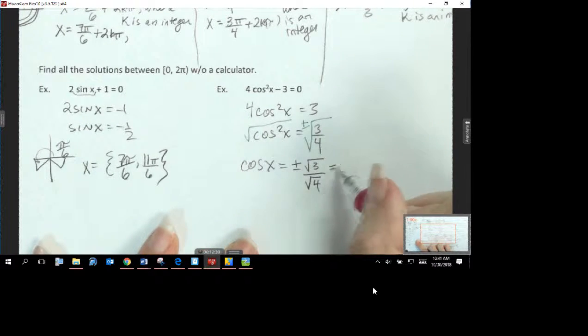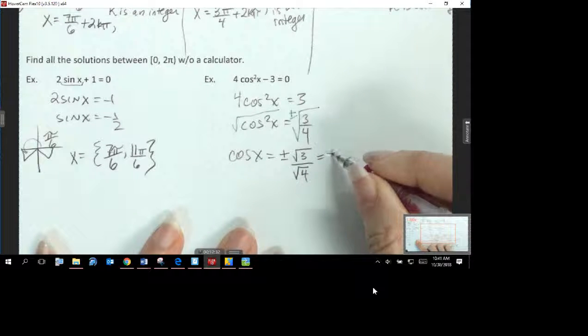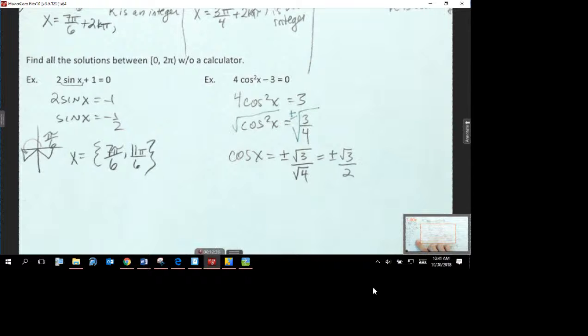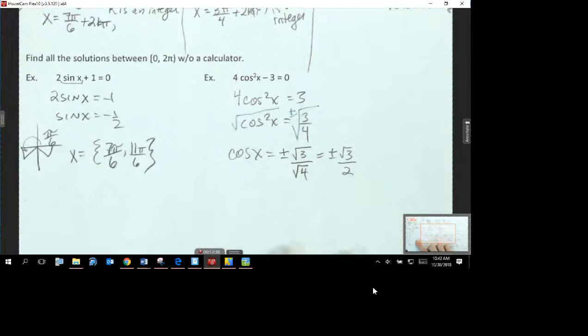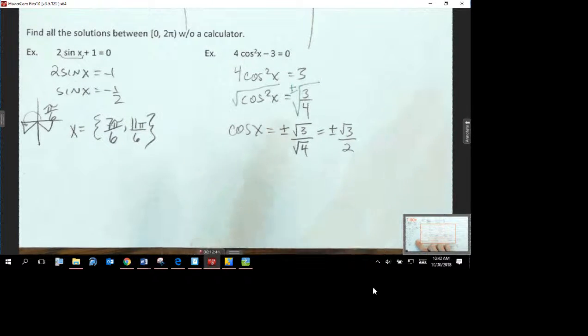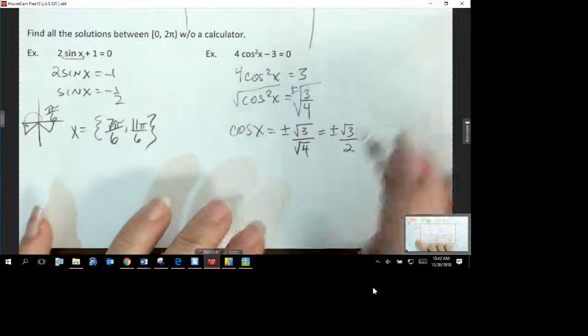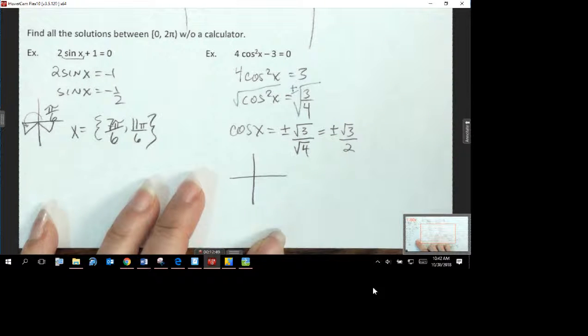When you do a square root of a fraction, you just do the numerator and denominator separately. So do I have to rationalize? No, because the square root of 4 is 2, and I don't have to rationalize. And that looks familiar now. The only part that is new at this point is the plus or minus. So where is cosine positive or negative?